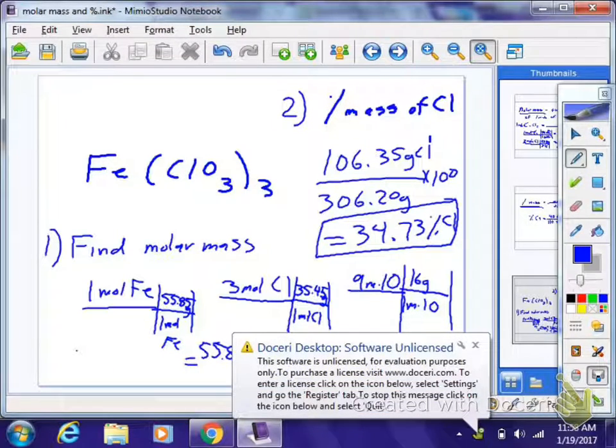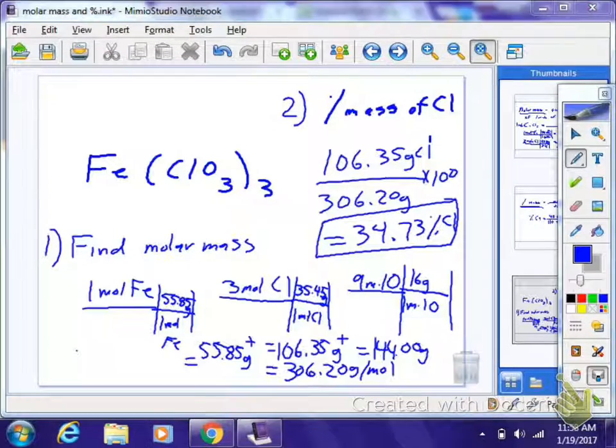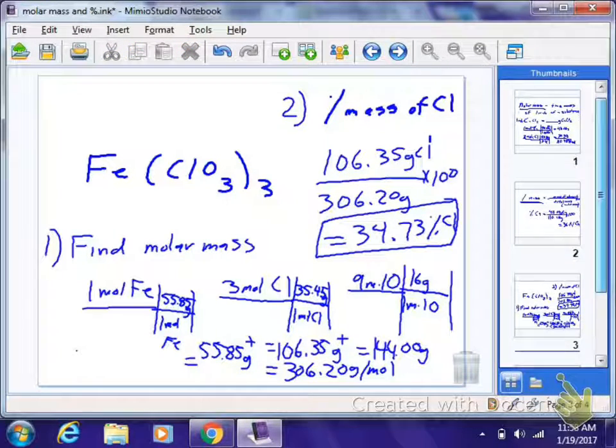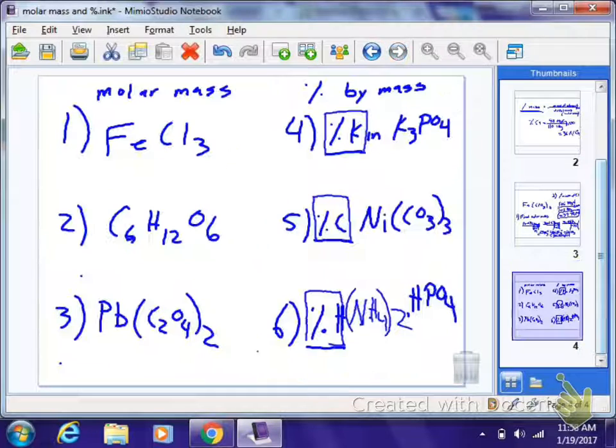Okay? Thoughts or questions? What I'm going to do is I'll show you the questions. You can just put these in your notes, and then it's just a completion, and then we'll check them. Okay? So, this left side, you're going to find the molar mass of each one of those compounds.